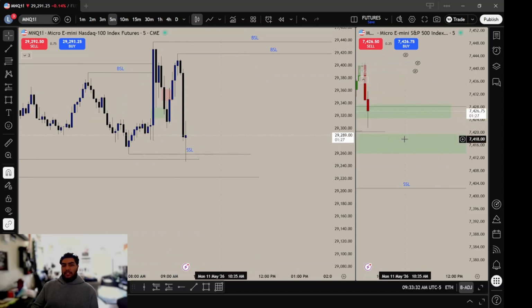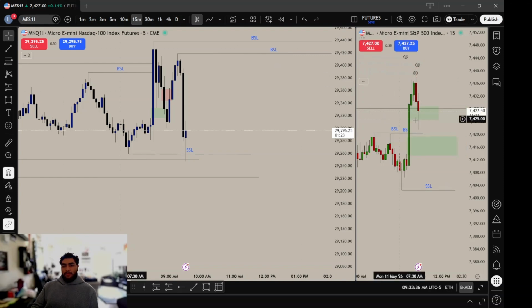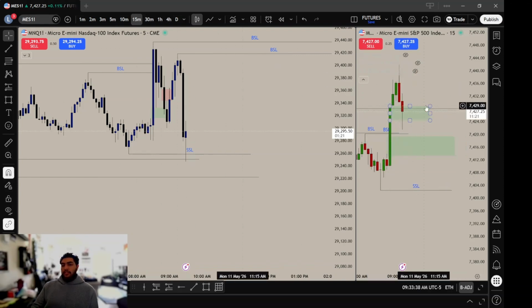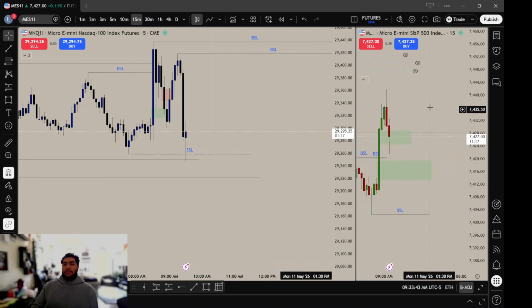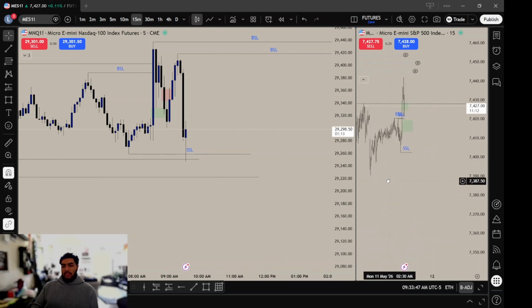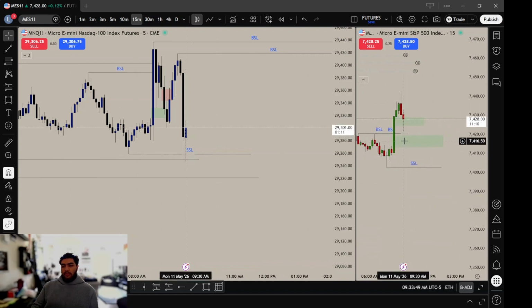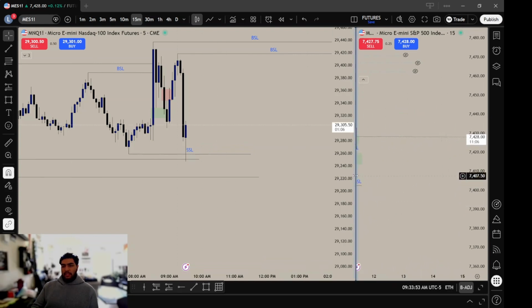Otherwise, yeah, ES is dumping as well right into a 15-minute fair value gap right here. Have this huge 15-minute fair value gap. It's gonna dump and then keep going higher probably. If it disrespects that though, that'd be low-key insane. Because you already took out previous day low, I believe, because this is previous day high.